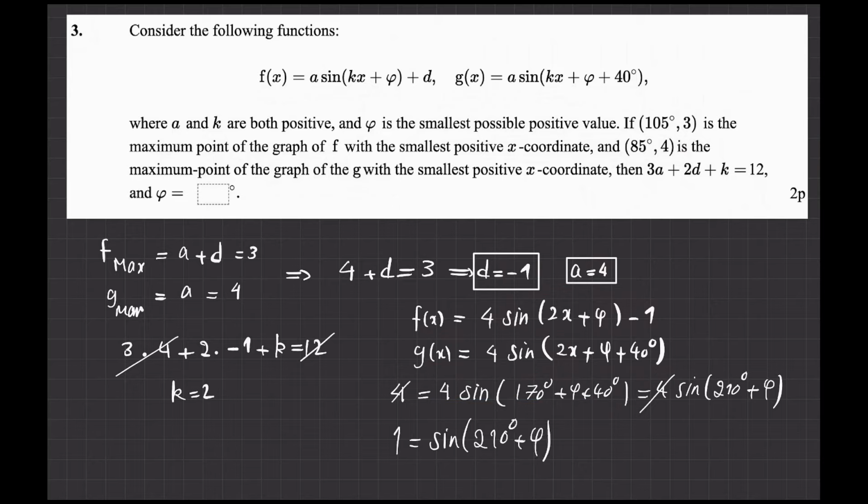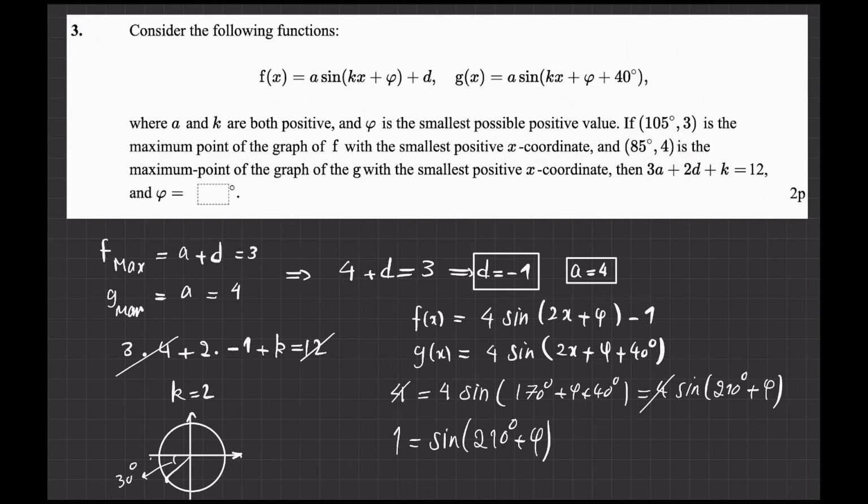Okay, and I want to find the smallest possible value for phi so that the number becomes 1. So if I draw the unit circle, for example, okay, so this is the unit circle. Where is 210 degrees? 210 is 30 degrees after 180, so let me consider this 30 degrees. So here is 210.